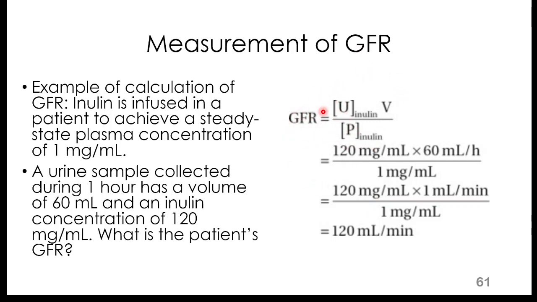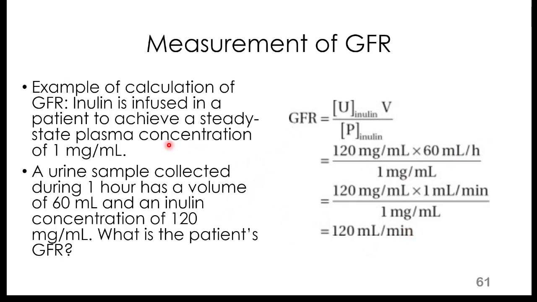GFR equals the urinary concentration of inulin times the urine flow rate over the plasma concentration of inulin. So that's 120 milligrams per ml times 60 milliliters per hour over 1 milligram per ml. So eventually you get this. That's just straightforward.